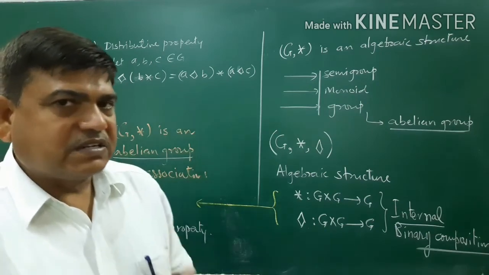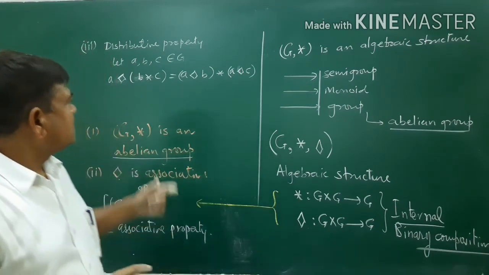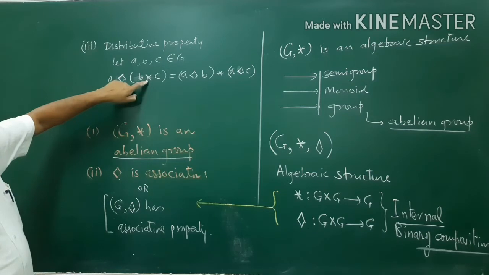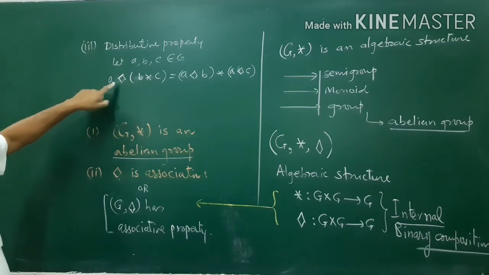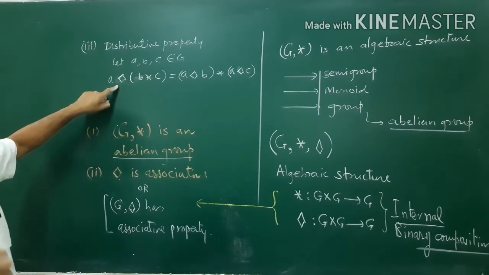You can understand it by replacing star by plus and this diamond by multiplication.